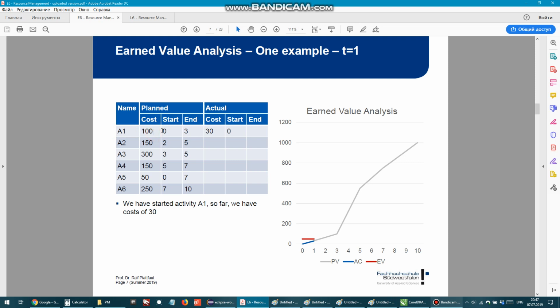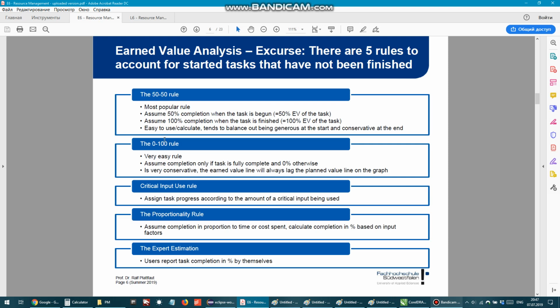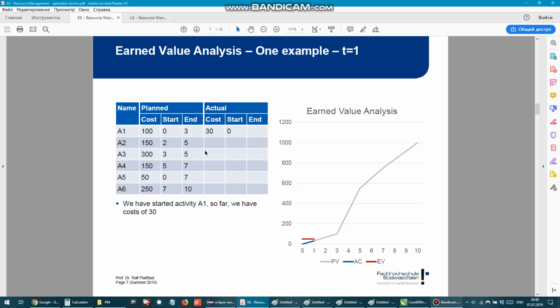It doesn't matter. It's just all about the value that it will bring to you. So you take care of this number. Since we are using the 50-50 rule, it says to assume 50% completion when the task begins, and 100% completion when the task is finished. So 50% EV of the task when started, 100% EV when finished.